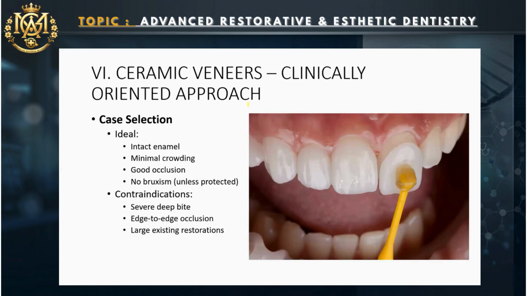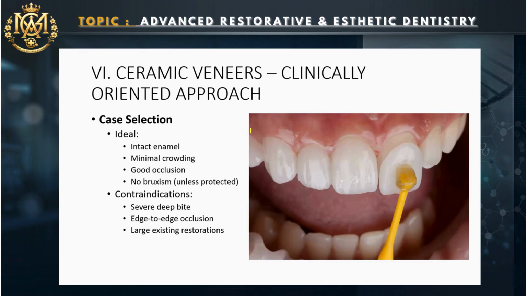Now, when you are planning a ceramic veneer, we will start with case selection. The ideal case for the ceramic veneer approach is intact enamel, minimal crowding, good occlusion, and especially no parafunctional habits like bruxism.